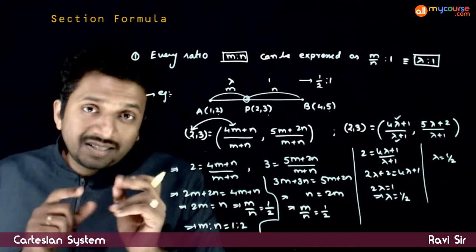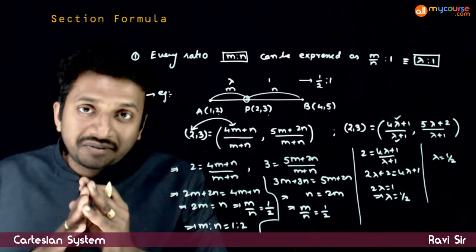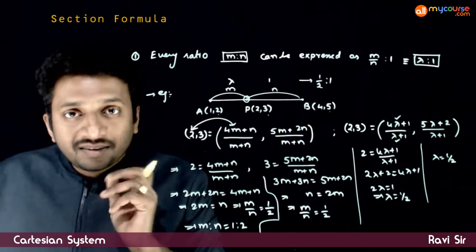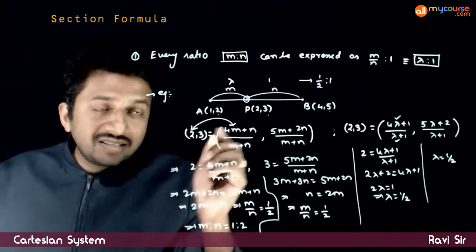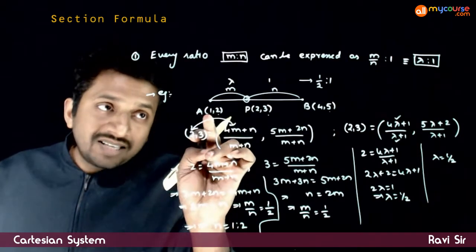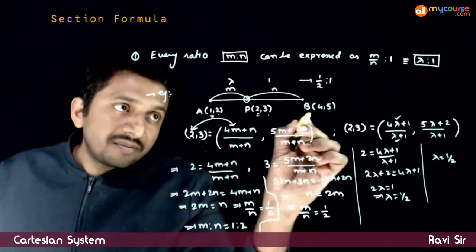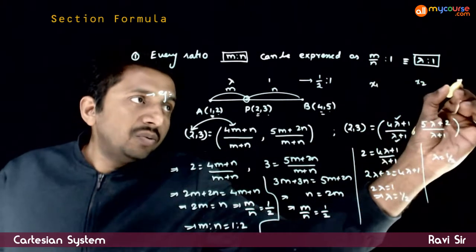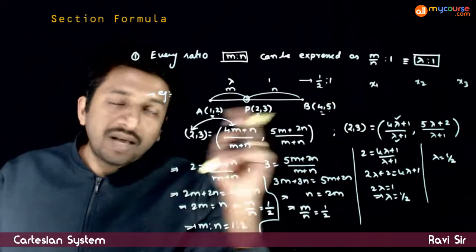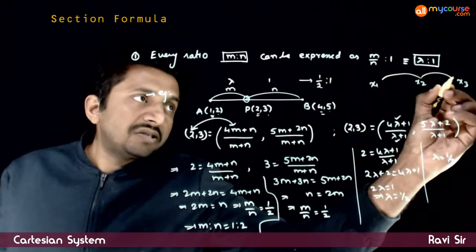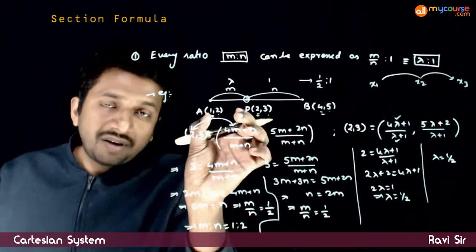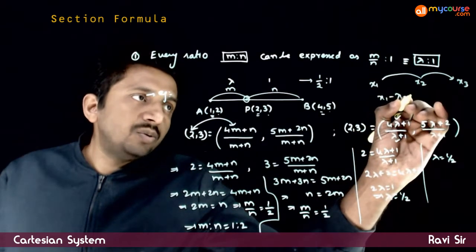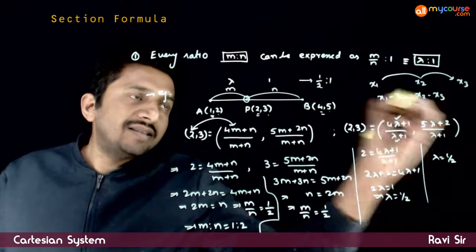Now, there is a slight simplification that you need to understand here. If you are just asked to find the ratio, the simplest method is to consider only the x coordinates. If you have x1, x2, x3, then the ratio in which the point divides AB is nothing but x1 minus x2 is to x2 minus x3.